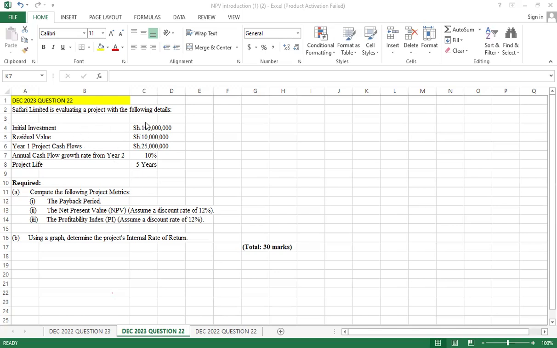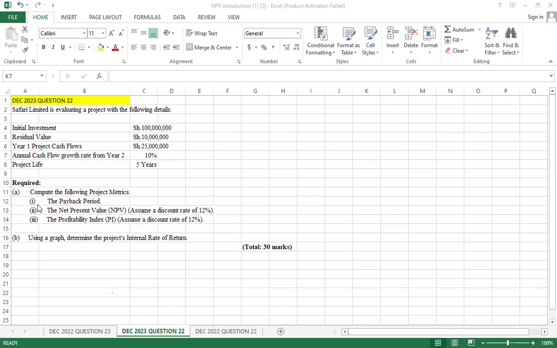One, the initial investment of 100 million, residual value of 10 million. Year one project cash flows, we have 25 million, and then annual cash flow growth rate from year two, 10%. And then the project life is 5 years.